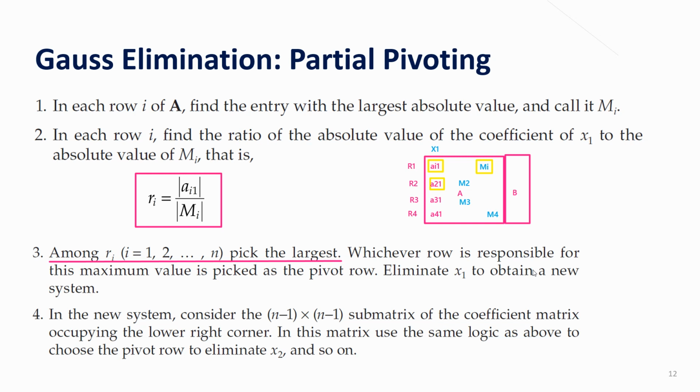So you are going to eliminate the x1 to obtain the new system. Basically this will help you to reduce the number of Gauss iterations, okay. So after that you will be able to reduce the operations.